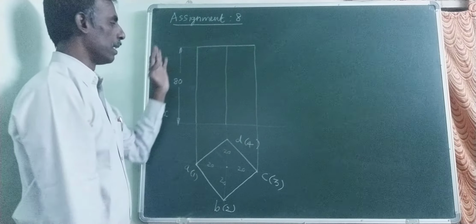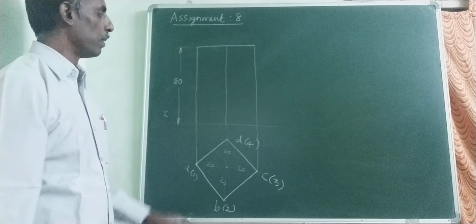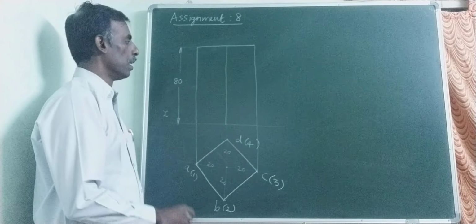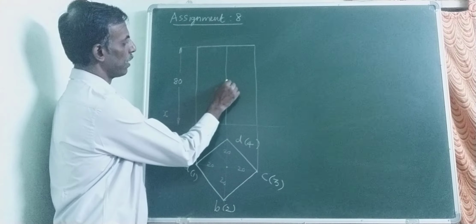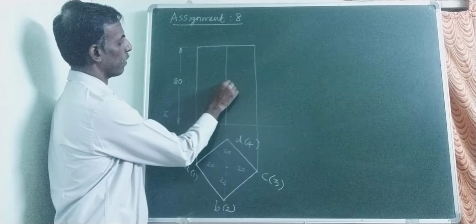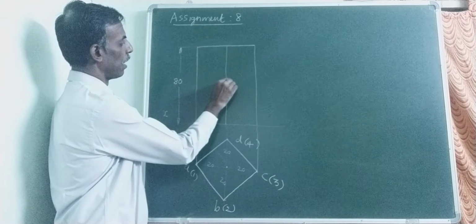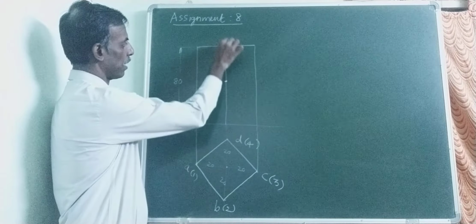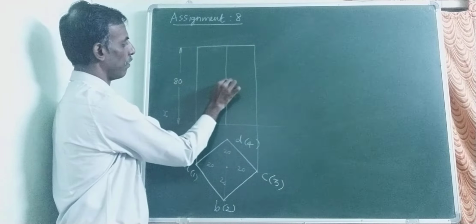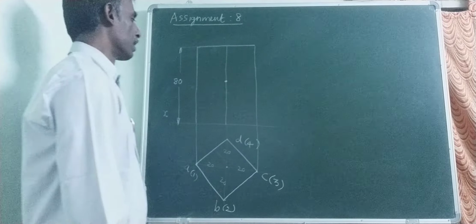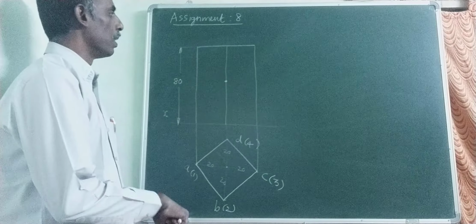Now the cutting plane is inclined to HP. How much angle it is inclined to HP is not given. The cutting plane is bisecting the axis of the prism, so mark the midpoint along the axis. The condition given is that the cutting plane is bisecting the axis and is inclined to HP.